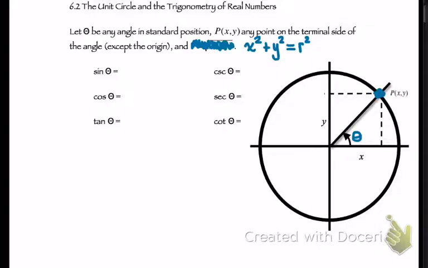What does that kind of look like? How can I relate that to my right triangles that I have here? Do you see the connection between the two of them?